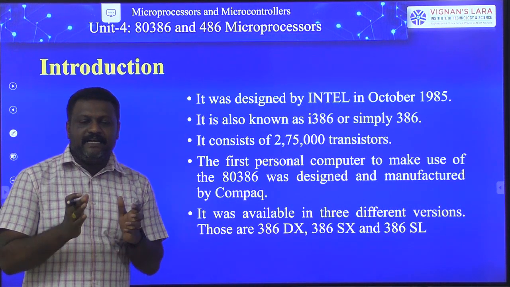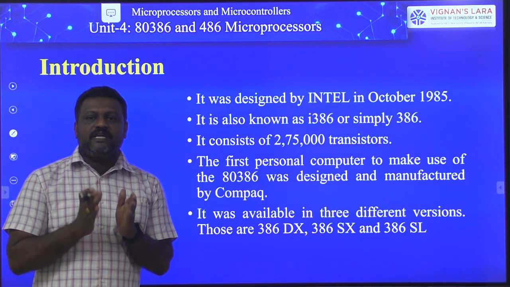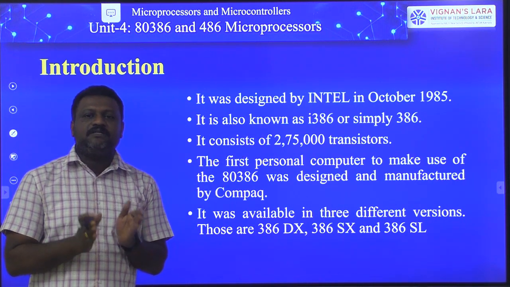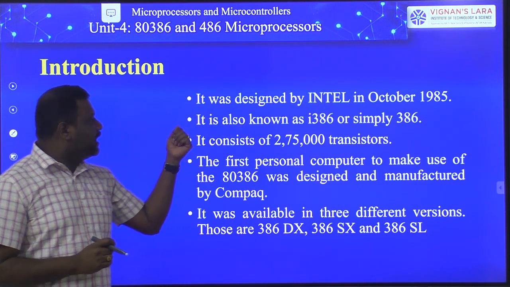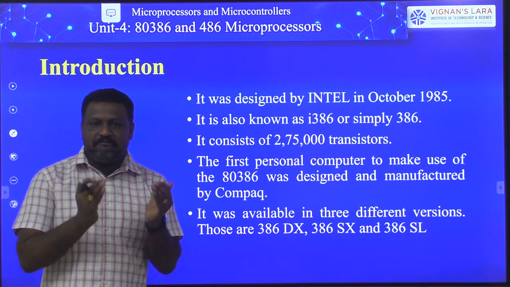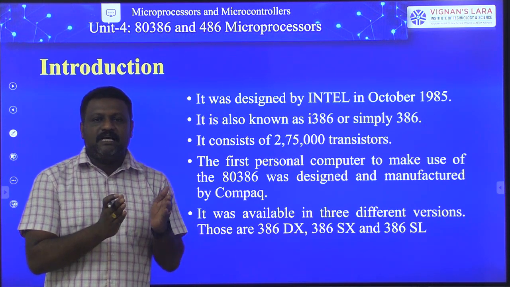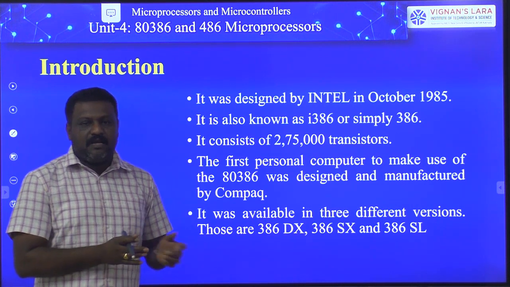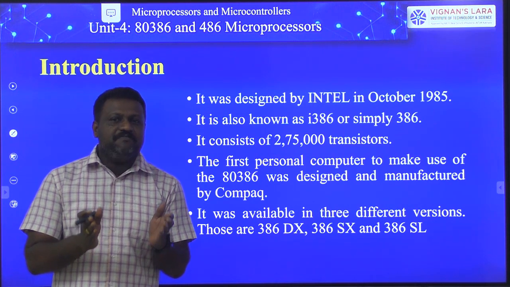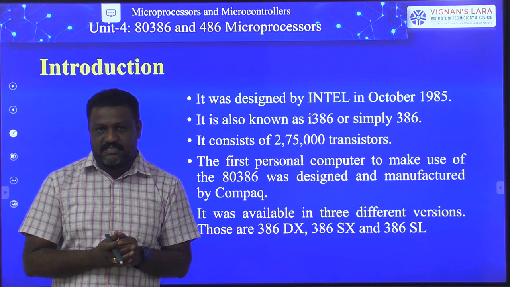So first of all, the introduction part of 80386. This 80386 microprocessor was designed by Intel in October 1985. It is also known as i386, or simply we can call it 80386, or 386. In the designing of this 80386 microprocessor, nearly 2,75,000 transistors are used.